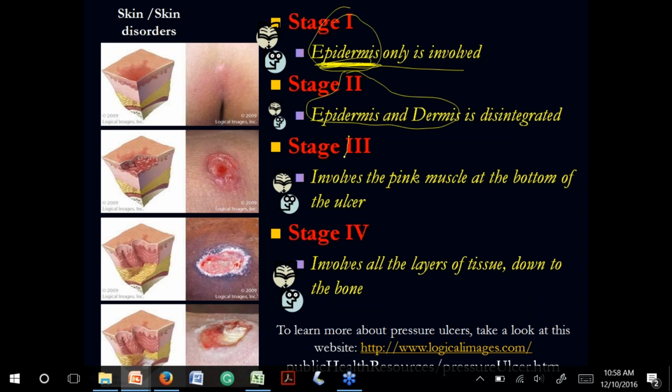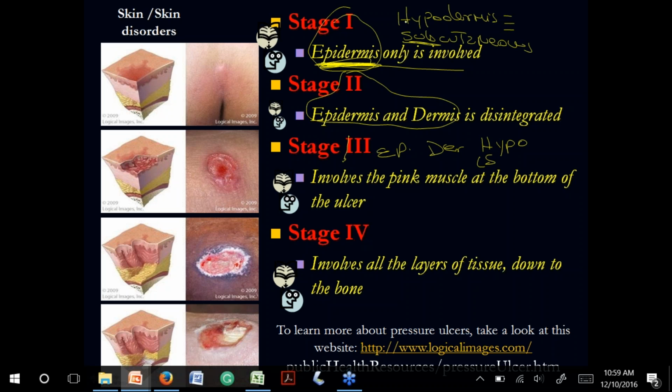Then stage 3 is going to involve the muscle inclusive. So epidermis, we have the dermis, the hypodermis already, and all the subcutaneous tissue. Hypodermis, by the way, is the same as subcutaneous tissue.